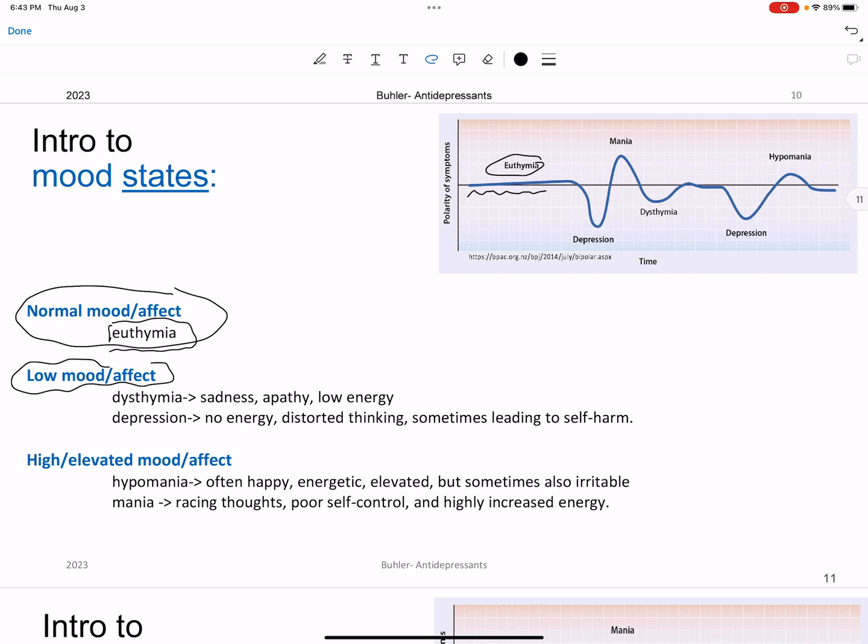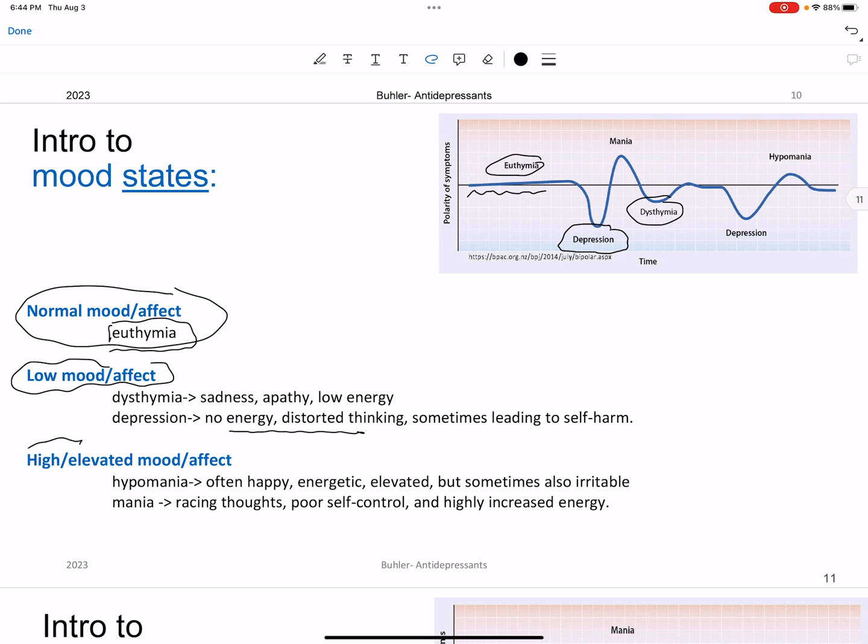And you can have dysthymia, which is a lower form of sadness with low energy and apathy, but it doesn't turn into clinical or major depression unless it comes way down and you have some of the symptoms shown in the DSM, which include things like no energy and distorted thinking, things that are really different than just feeling bad or feeling blue.